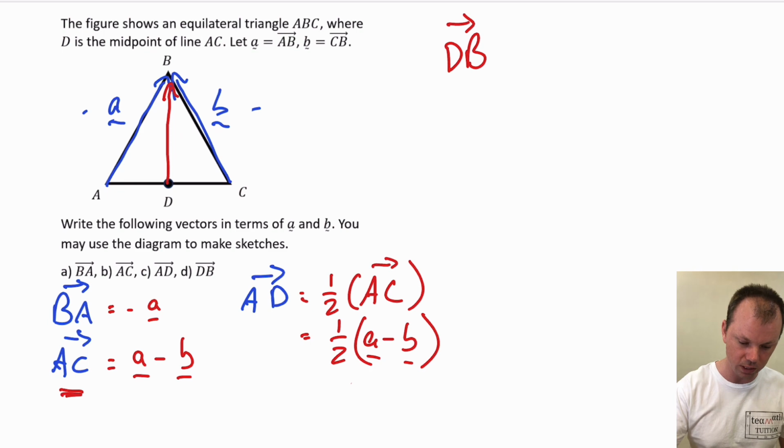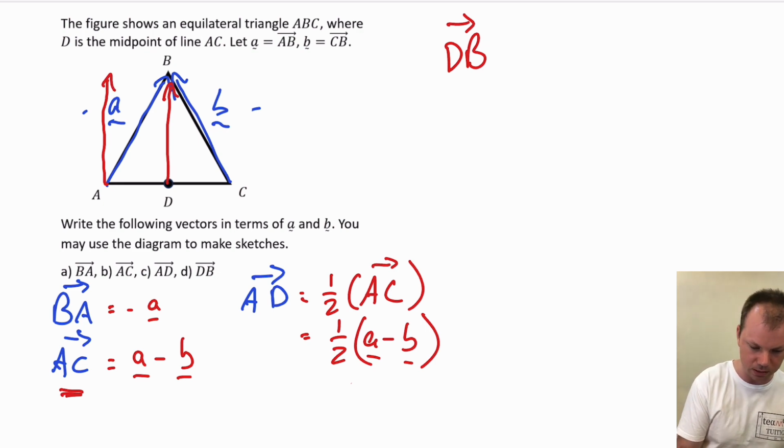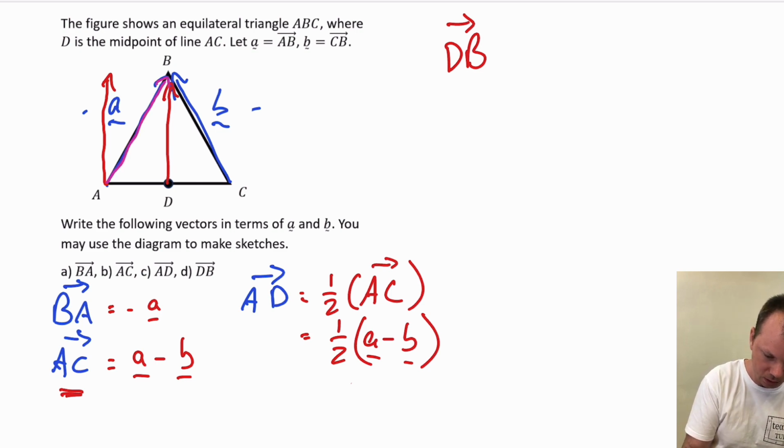So we could view this DB as an equivalent vector over here. And that can help us in this case because I can go up A and then I can go across this way. And this vector here is the same length and sort of same direction or opposite direction that's going from D to A, right?